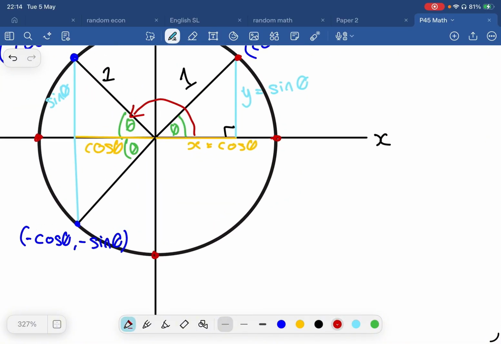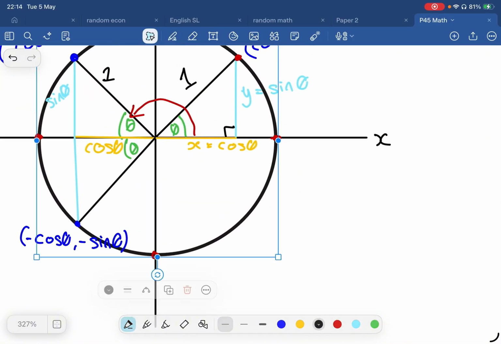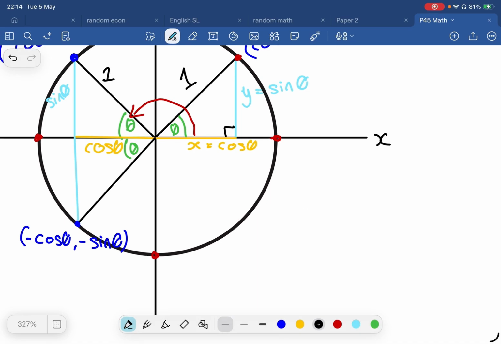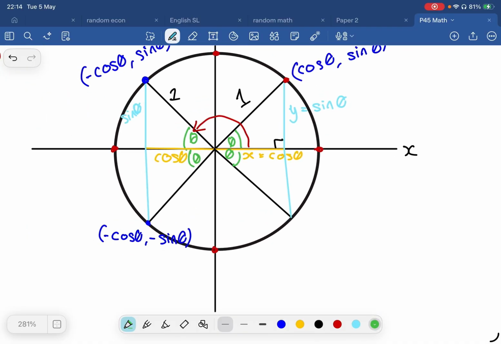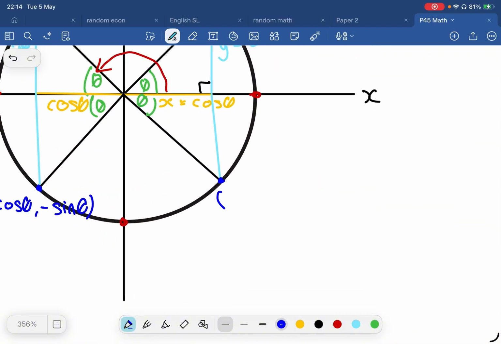Okay, and again, if we extend one last time here, same blue line, same angle, there. It's not a great line, but just ignore that. Okay, so this point here, again, hopefully by now you can recognize, would just be cos theta, negative sine theta.